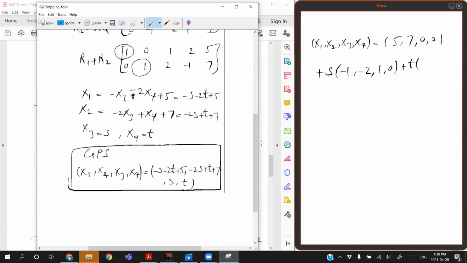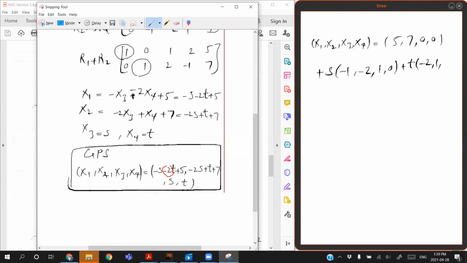Now I can look at the coefficients of t. I see -2 here. Just need to look at the coefficients of t, -2.